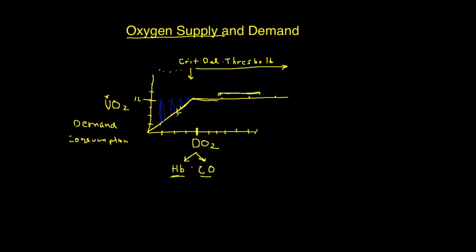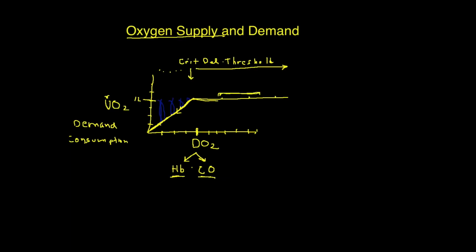That is incredibly dangerous. Same thing for cardiogenic shock, where your heart is not able to deliver enough blood and enough oxygen at the level that's being demanded. Again, if you've descended to this part of the curve here, that is a huge setup for organ dysfunction and cell necrosis.